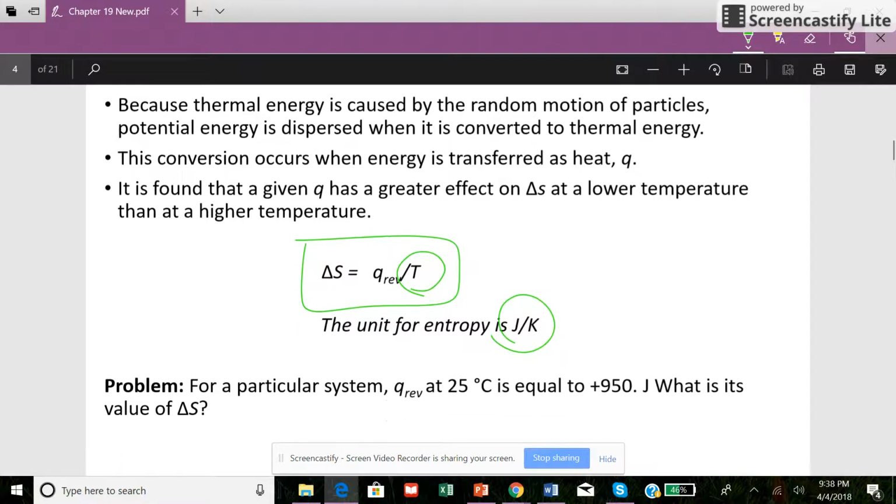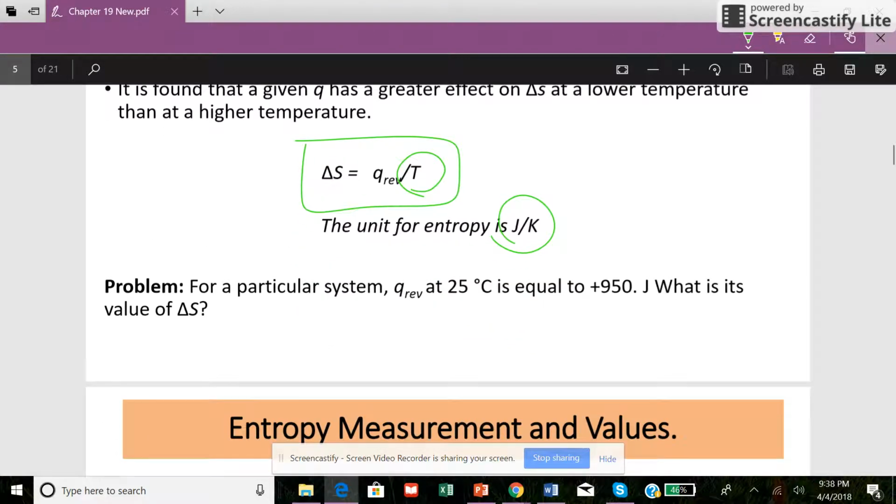Okay, so now let's do some calculation. Let's say you have a particle system, and it has the energy of 950 joules. I want to calculate the change in entropy. So it is going to be 950 divided by 298.